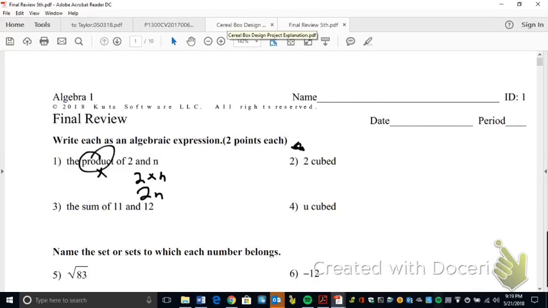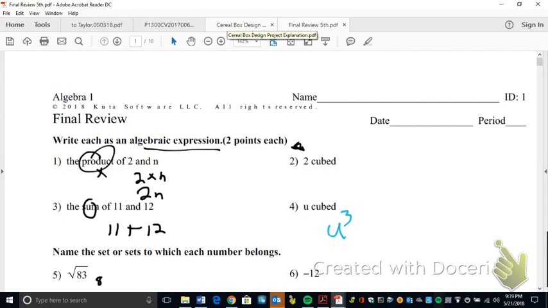You can write that either way. Sum is addition, so we'd go 11 plus 12. Now, we don't actually have to solve them, so you're not going to put down 23. That would be evaluating the expression. We just want to write it out. If we look at 4u cubed, we know that cubed means to the third power, so it'd just be u cubed.